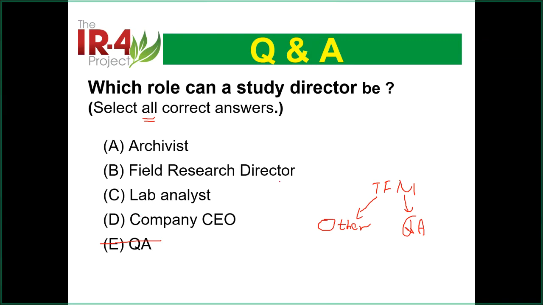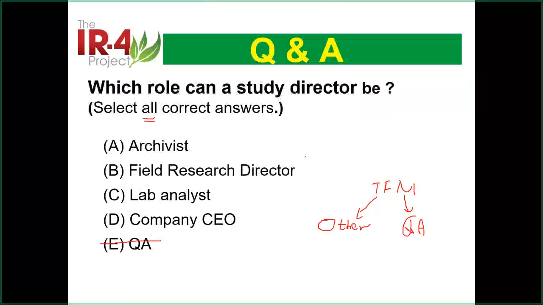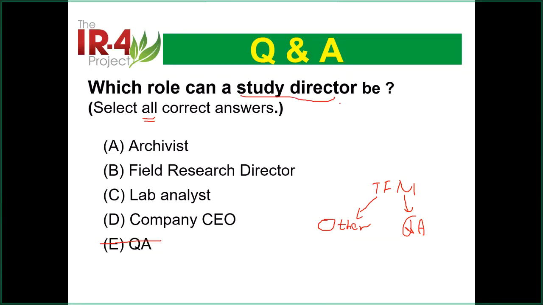It depends. Any lab, even if it is too small, must have two positions. One is study director or equivalent. One is archivist. You can combine these two, but you need two positions. One person can take two positions, no problem. So archivist, yes, he can, but normally you assign one archivist.